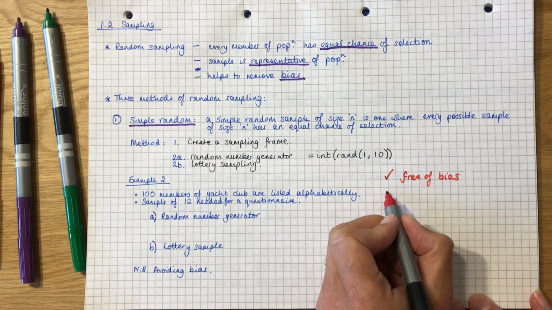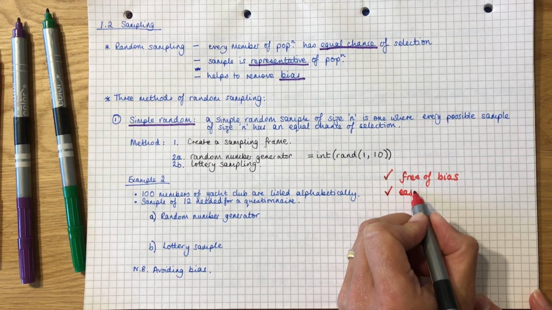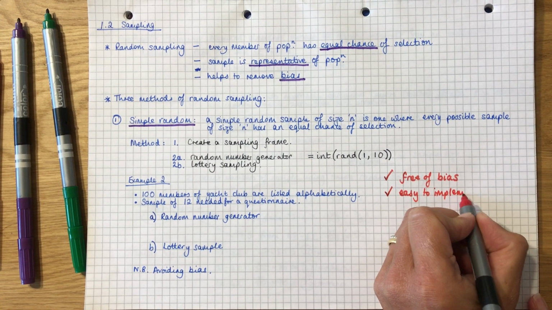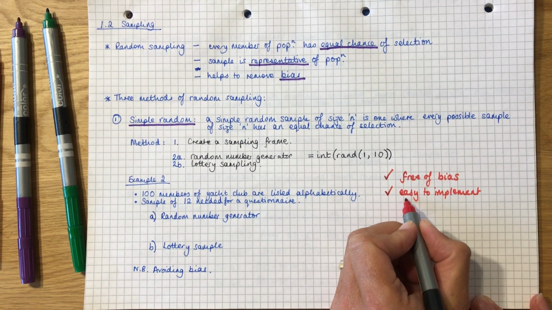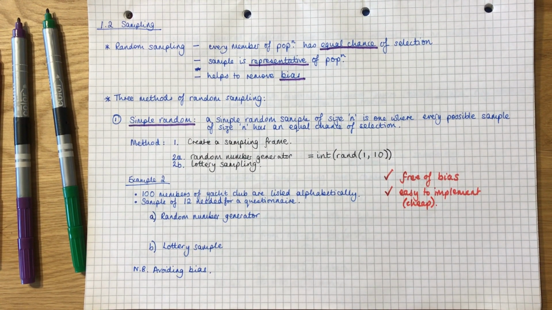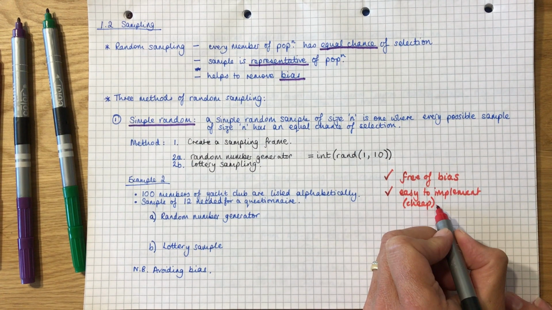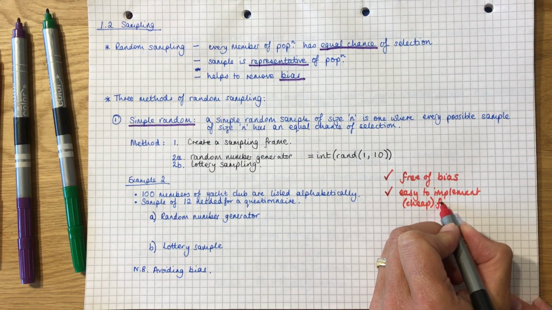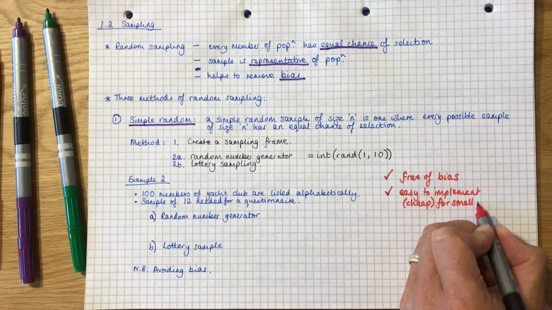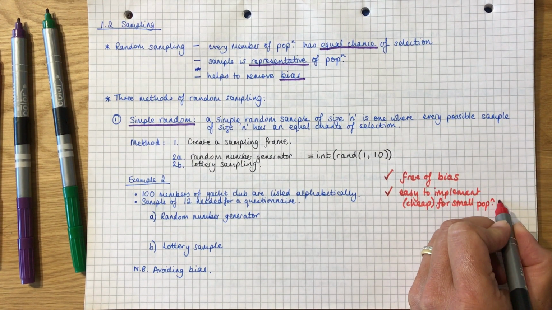It's very easy to implement. Easy is also wrapped up in real terms with the word cheap to implement, especially if your population is small. And if your sample is small.